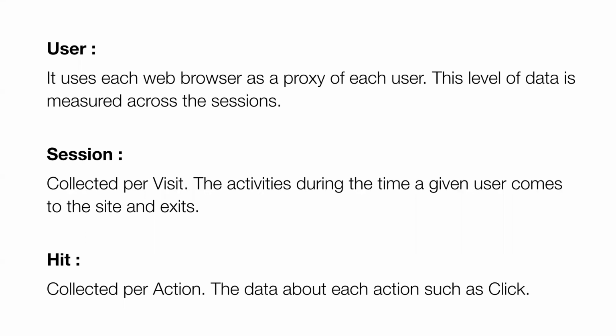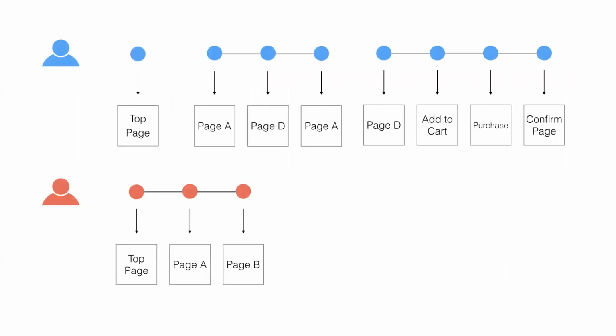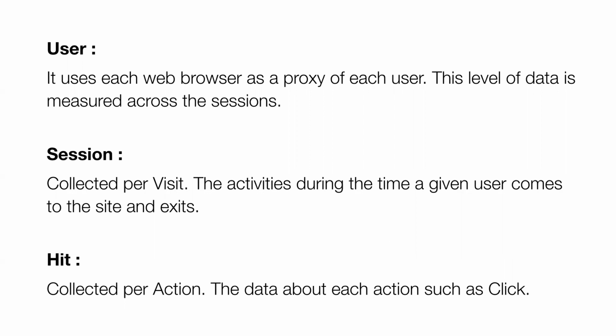Where this user comes from, Japan or United States, or maybe from Facebook, that's a user attribute. The session is, for example, in this case, the above blue person had 3 sessions, while the red person had 1 session. And the last one is called hit.